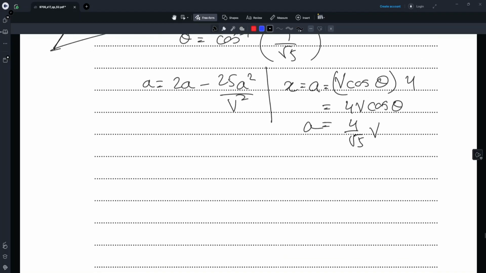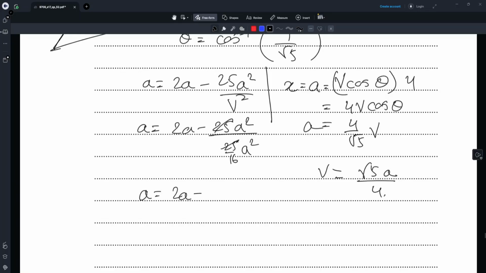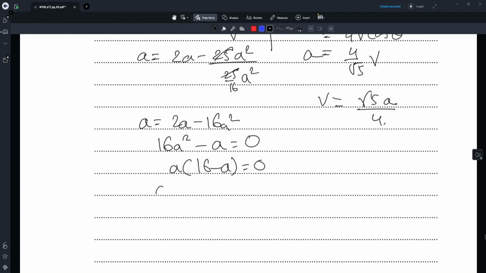That means b equals root 5 by 4 into a. So a equals 2a minus 25a squared by 25 by 16a squared. a equals 2a minus 16a squared. So 16a squared minus a equals 0. a(16a minus 1) equals 0. a equals 0, or a equals 16.